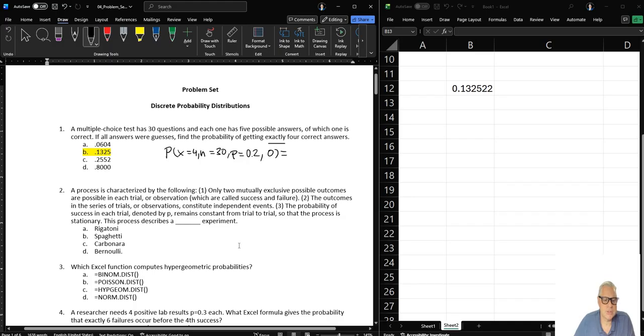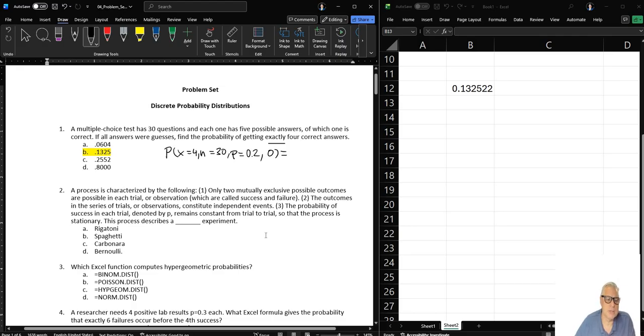Question 2, a process is characterized by the following. Only 2 mutually exclusive possible outcomes, which are called success and failure. The outcomes in the series of trials or observations constitute independent events.